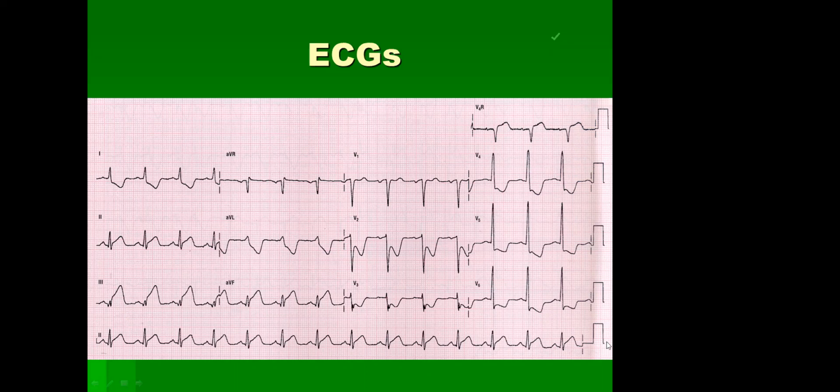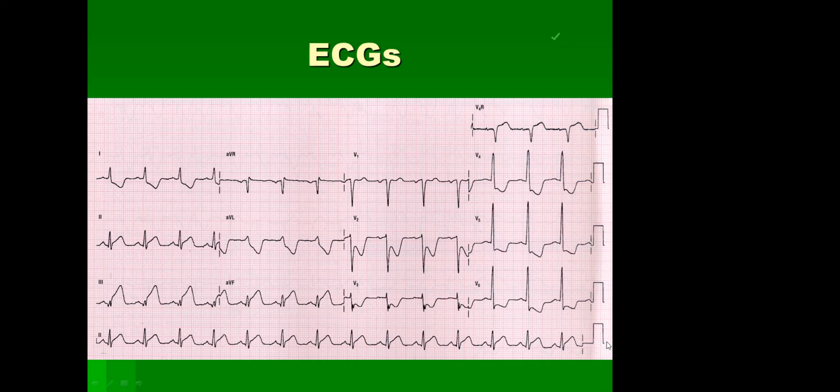So we have depression in 1, AVL, 5 and 6. We have ST elevation in 2, 3, and AVF. V1 looks pretty normal. V2, you have your depression, and same with V3.